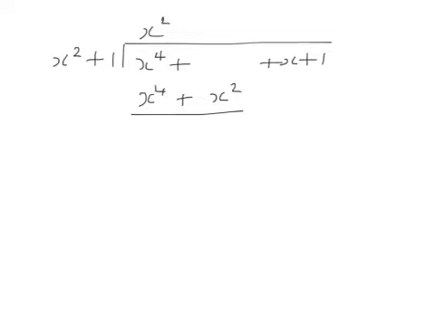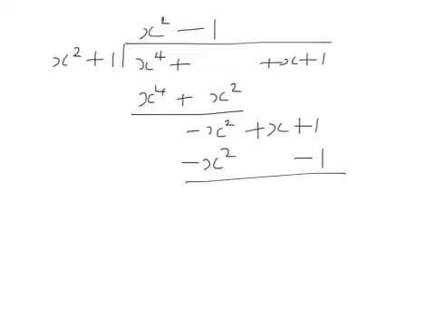So that take away that is 0. Nothing take away x squared, that's minus x squared. And now let's bring down the plus x. And we can bring down the plus 1 as well, just in case it's needed. x squared into minus x squared, that's minus 1. Minus 1 times that, that's minus x squared minus 1.